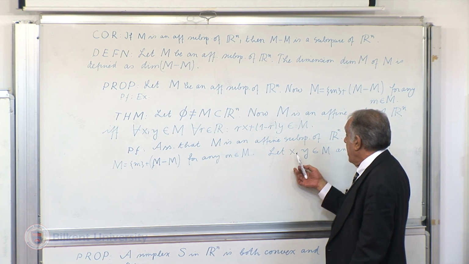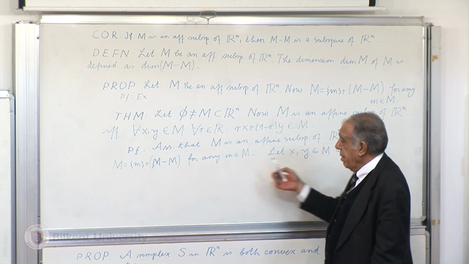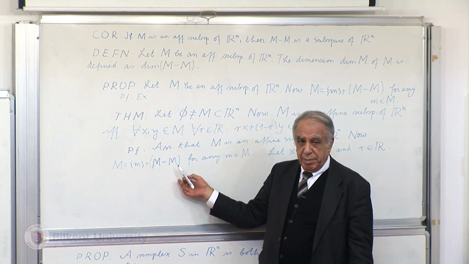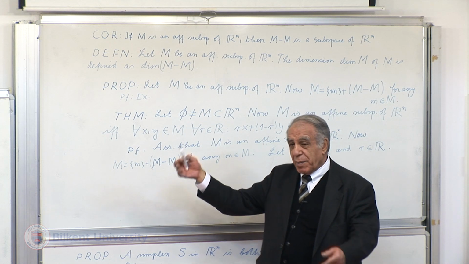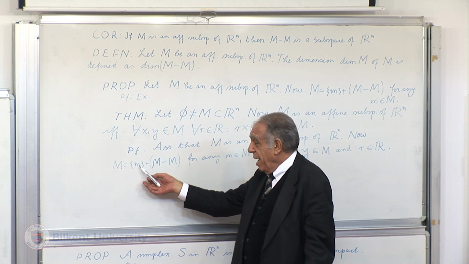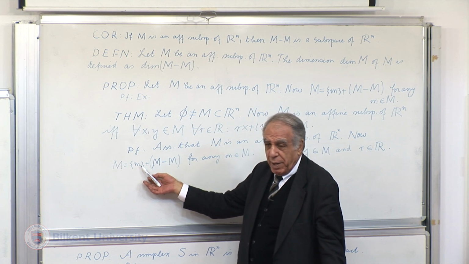But x minus y, if x and y are in M, will be in here. But this is a subspace, so r times x minus y will be in there. But now y is in M, so I can take this as y.